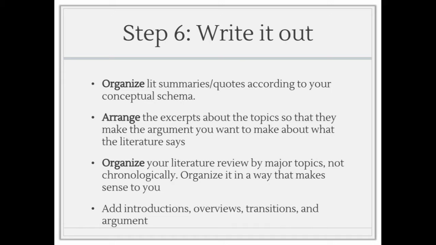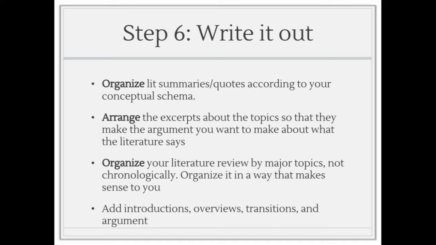Figure out the schema based on the themes and how you want them organized, and then you'll just go through and write up the literature. So you'll organize the literature summaries and quotes according to your schema. You'll arrange the excerpts from your annotations about the topics so that they make the arguments you want to make about what the literature says. And you'll organize your literature review by major topics, not chronologically.